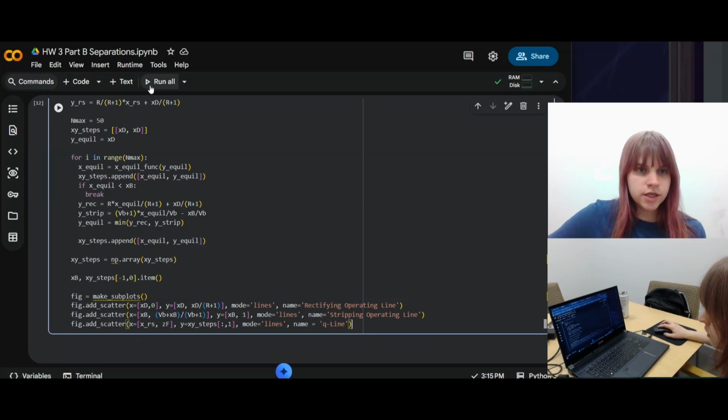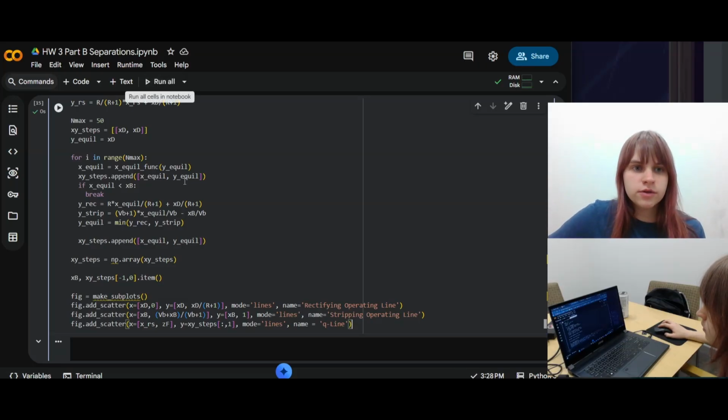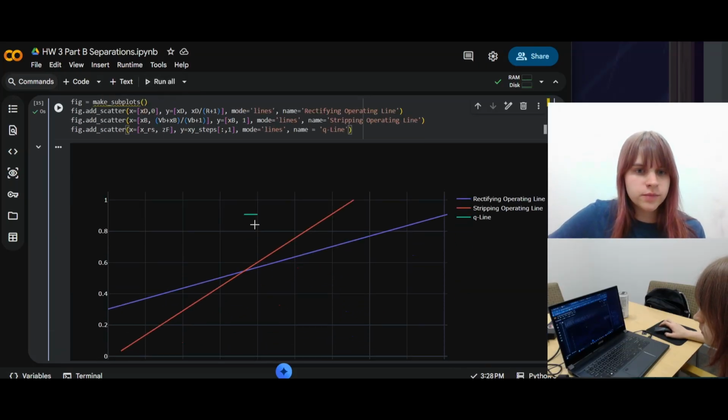So since I'm not entirely sure all of this is typed in correctly, I'm going to go ahead and run it and see what it does.